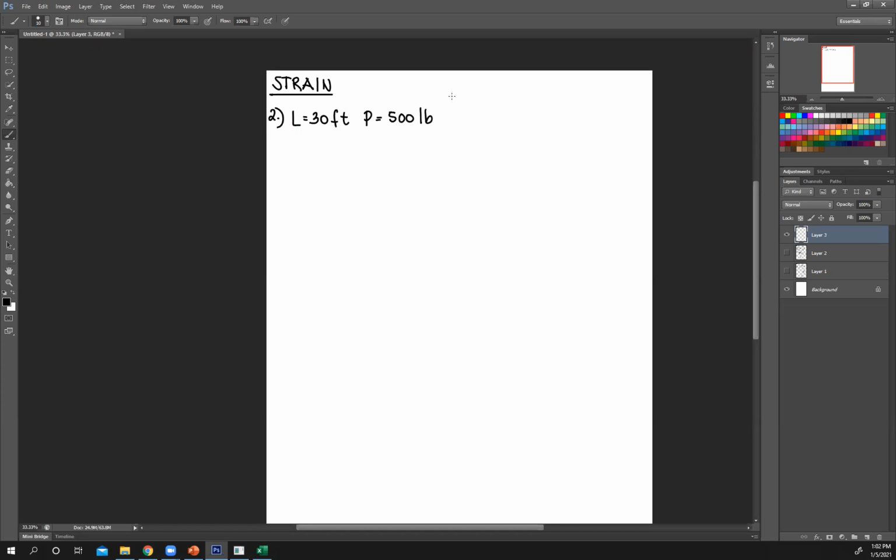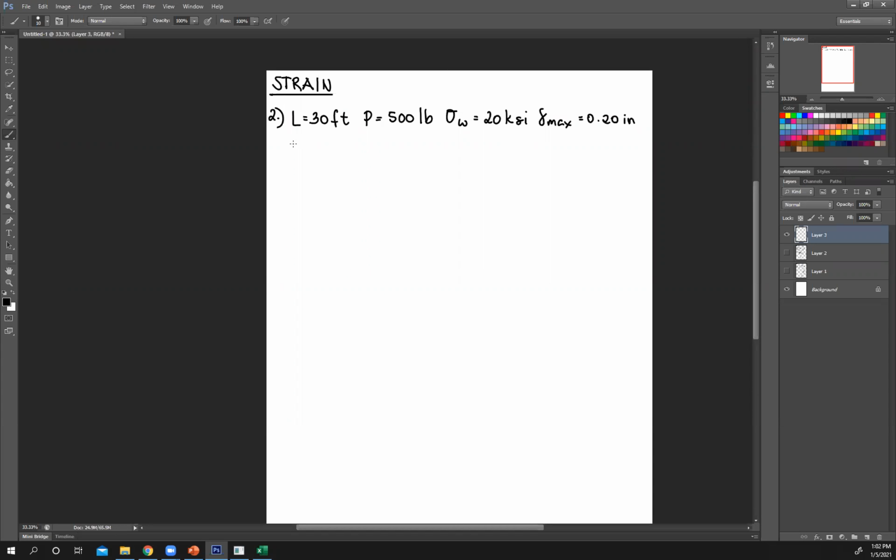Then you have your allowable stress. It should not exceed a stress of 20 KSI. Let's call that sigma W, your working stress. Then we have your maximum allowable elongation, let's call that delta max, 0.20 inches.